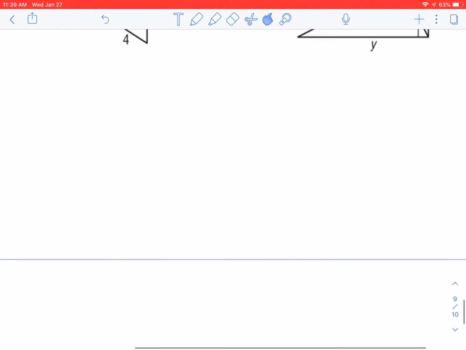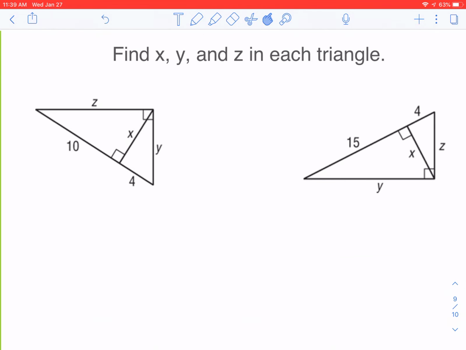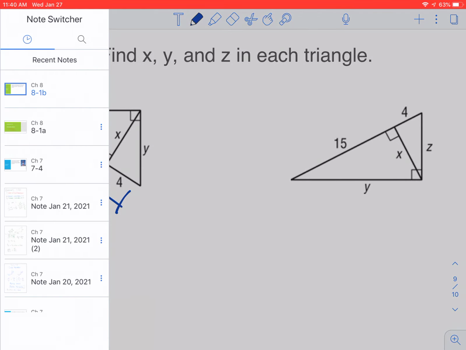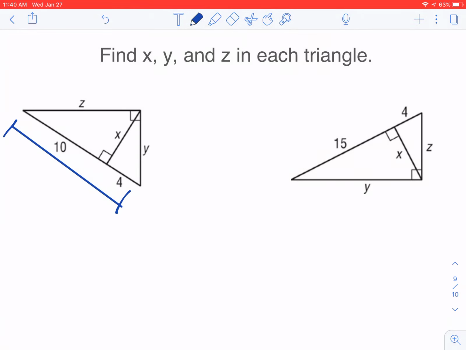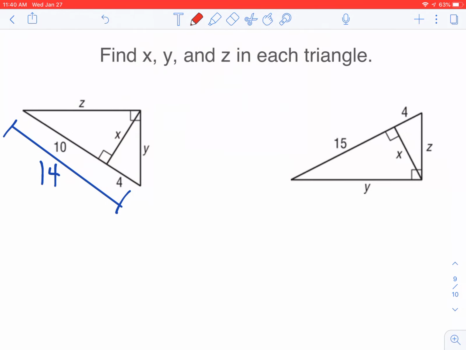Okay, I'm going to have you guys solve these two on your own, or try it on your own for x, y, and z. All right, so we always draw our bar first, which is 14. Okay, I always like to start with x.